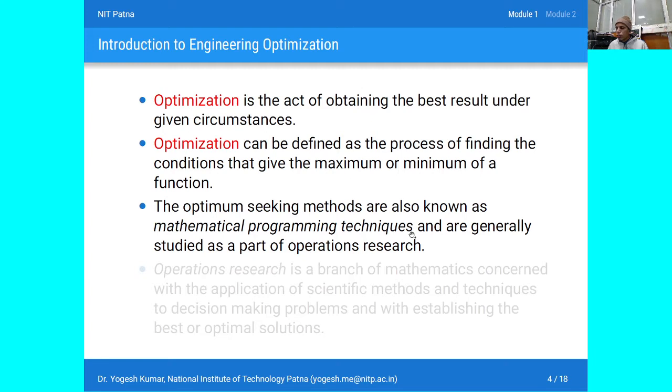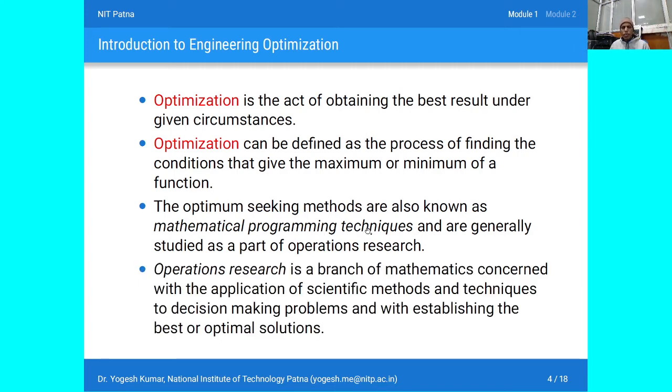Some of you might be taking OR as an open elective or department elective in the coming session, or you might have studied it. A few of these techniques will be taught as a part of your OR. Basically, this course was developed as a part of OR.